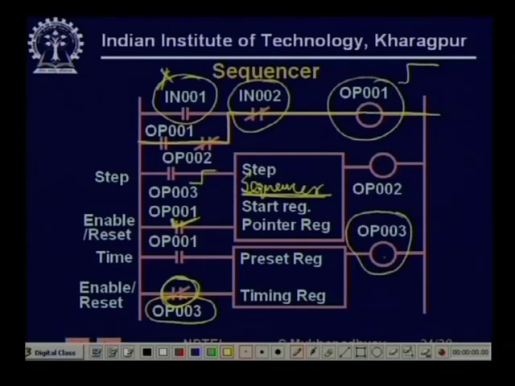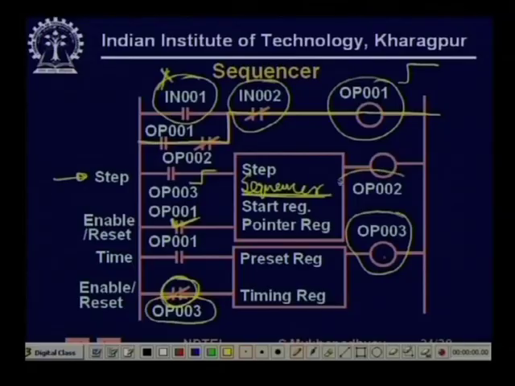In the sequencer, every time it gets a pulse into its step input, it executes a particular set of outputs, which are bit outputs stored in some registers. There is a start register, and a sequence of registers.